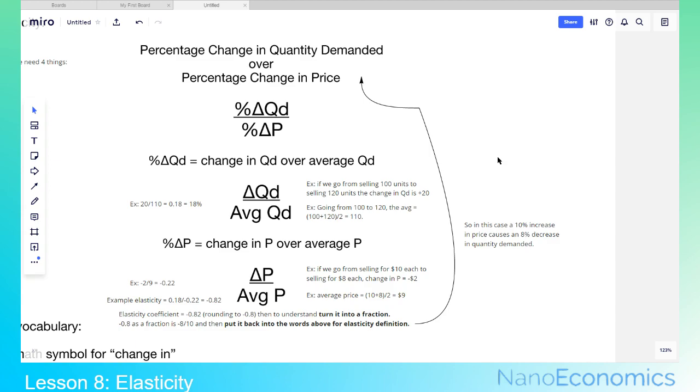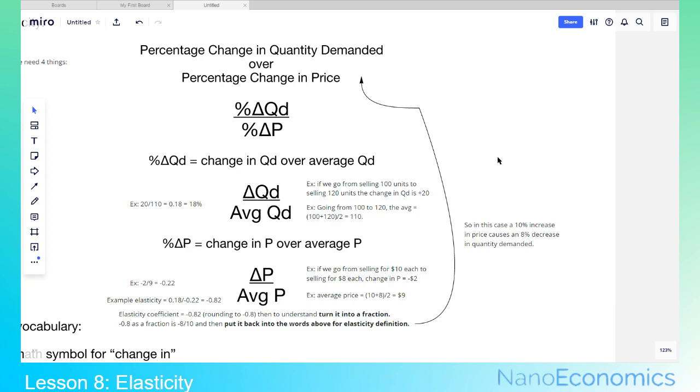So again, elasticity is how we respond to changes in price in terms of how we demand things, and the word definition that you need embedded in your head is the percentage change in quantity demanded over the percentage change in price. And that is just made up of two fractions.